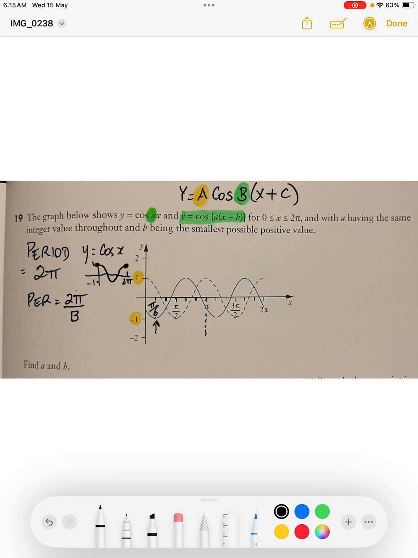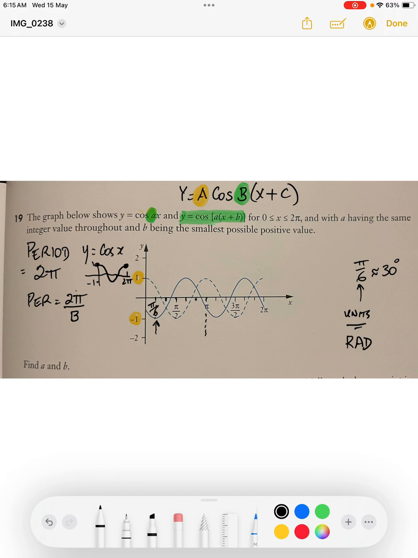Everything is increments of pi over 6. Pi over 6 radians is 30 degrees, but we're using units, not degrees, so we keep everything in radians. Pi over 6 in decimals is 3.14 divided by 6, so about 0.5 something.